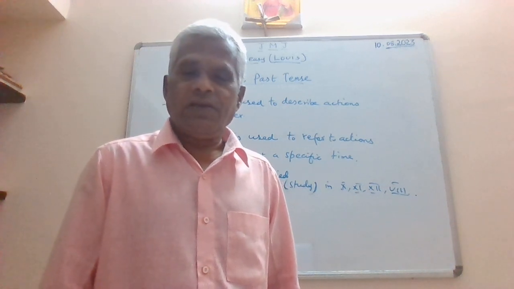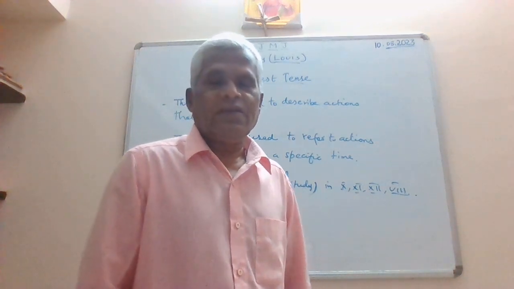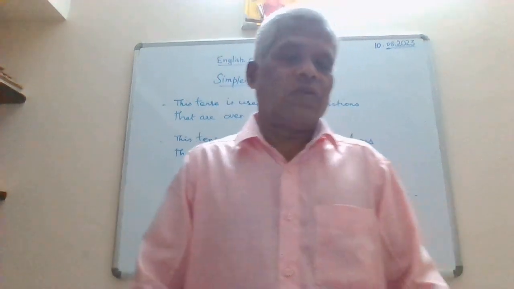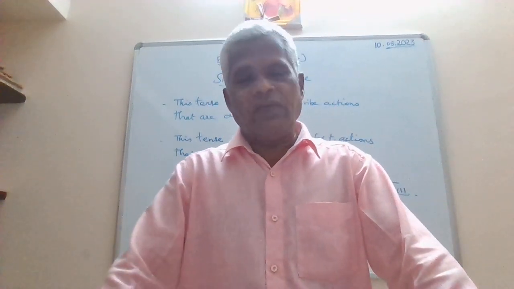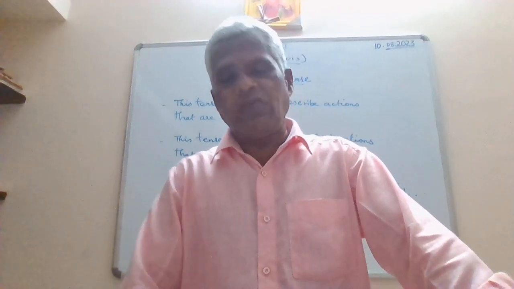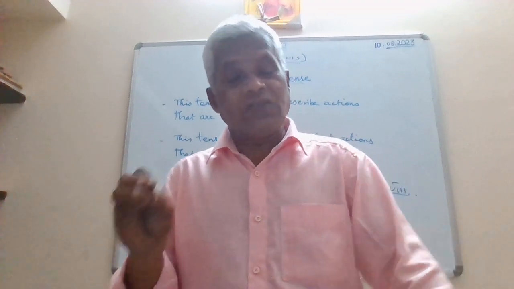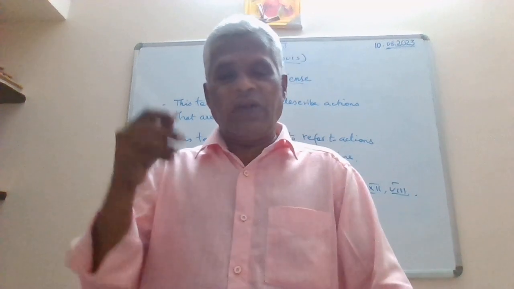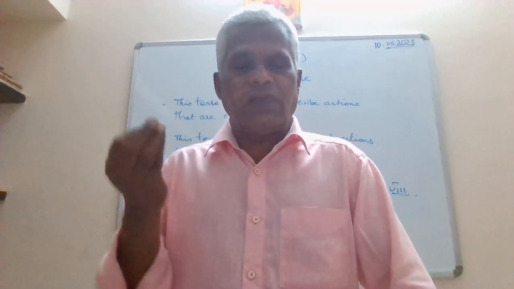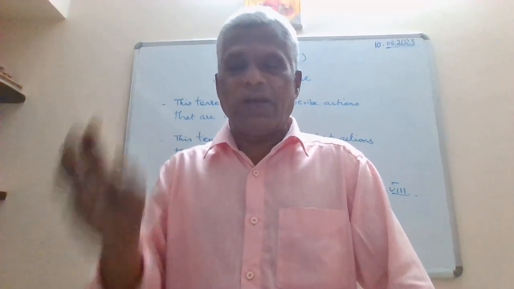Okay guys, and this is it. So with this, let me conclude this video. I hope you have understood what past tense is all about. Past tense is used to describe actions that were over or completed at a specific time in the past.